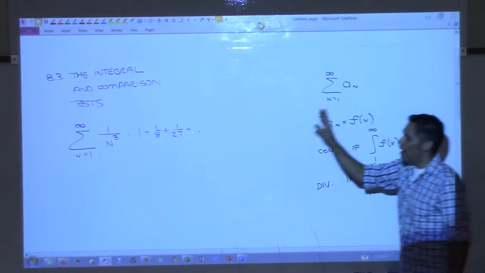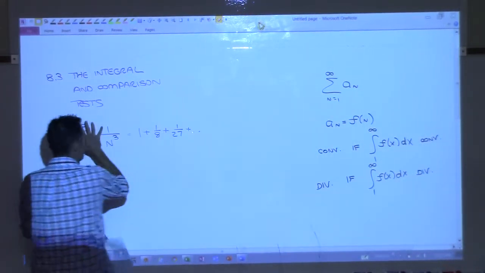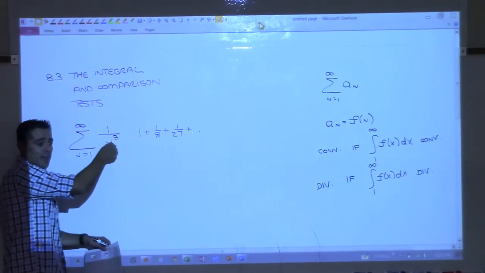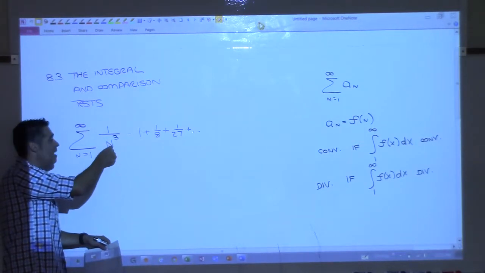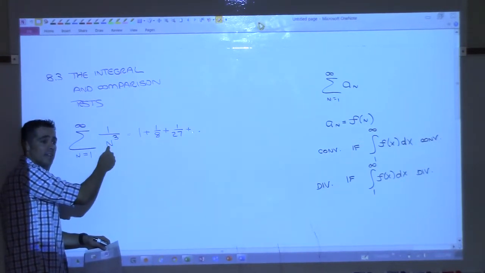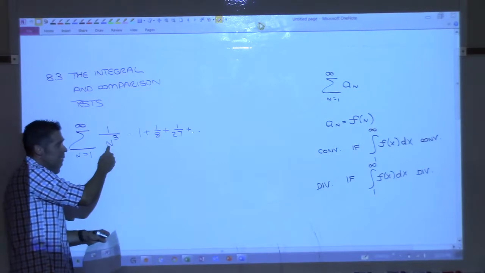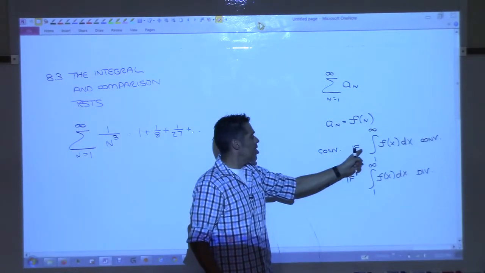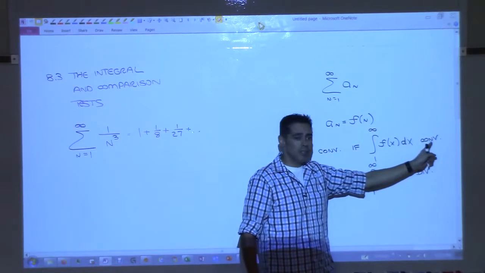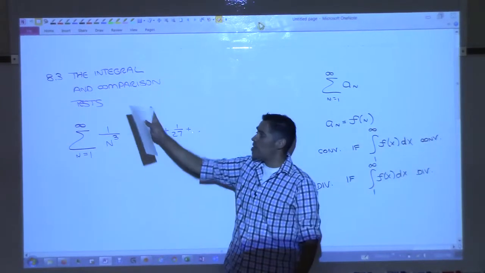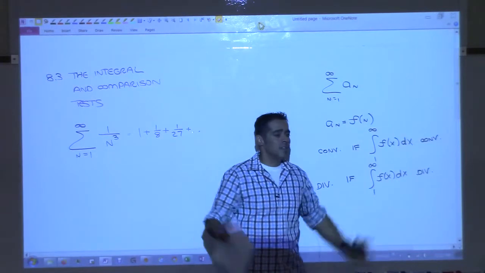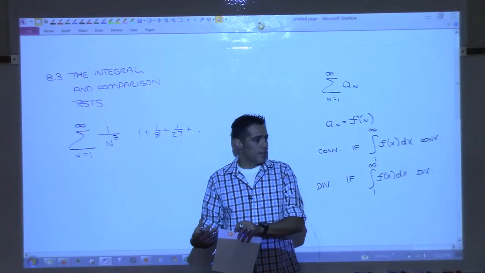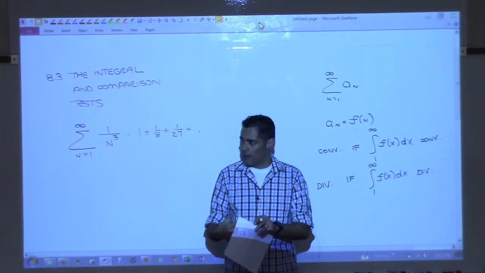If we're ever looking at a series and having trouble with it, if we look at the sequence inside as a function of x, then if we can integrate it on the number line from 1 to infinity and get an answer that's convergent, then we know that the series converges. If it's divergent, then the series diverges. So it's like whatever the integral does, the series does. Whatever they do together. Okay?